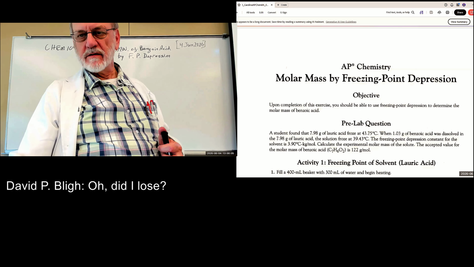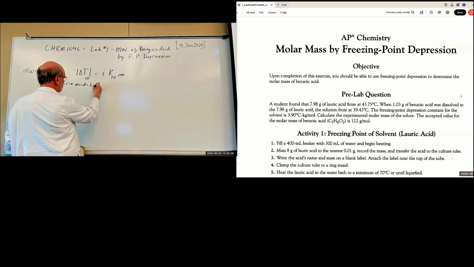So we're going to conduct an experiment where we put in benzoic acid. Actually, we determine the freezing point for the solvent, which is lauric acid. It's a fatty acid. I'll abbreviate that LA.